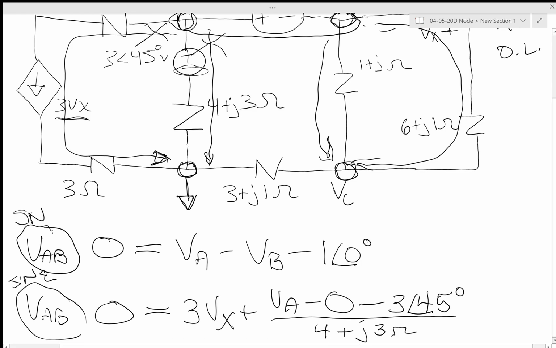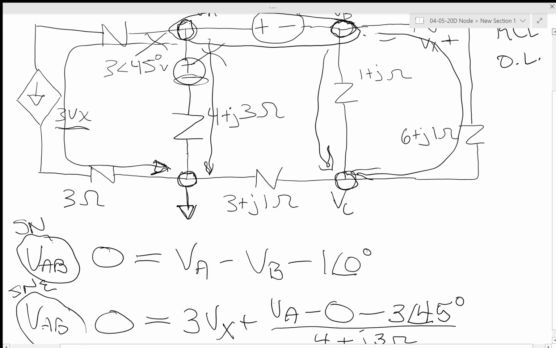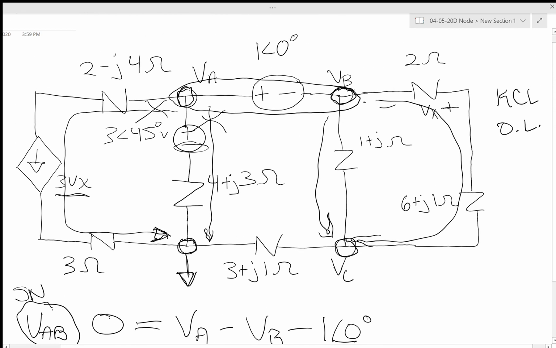So now then I'm going to go and do the VB equation. I've got this current right here that goes all the way down to C, and then I have this current right here that goes also all the way down to C. No current sources, no voltage sources in there, pretty much a straightforward node.